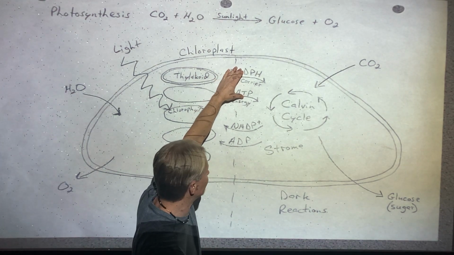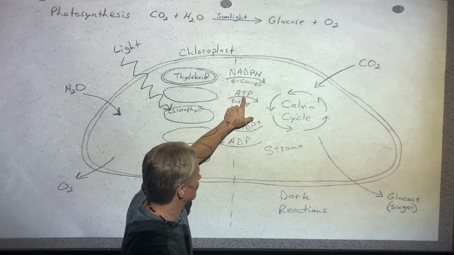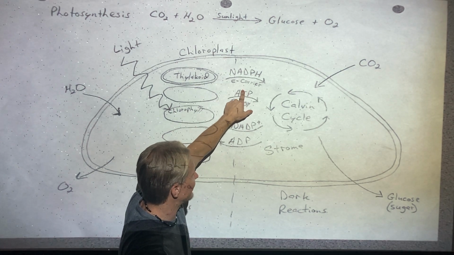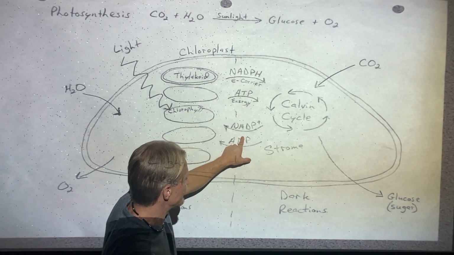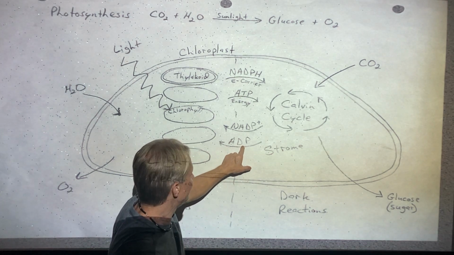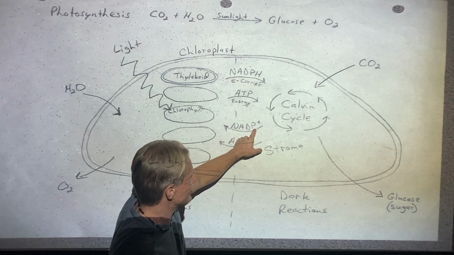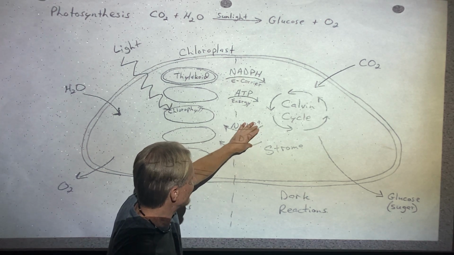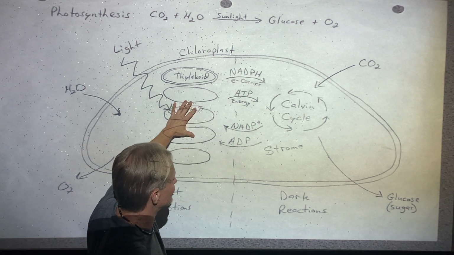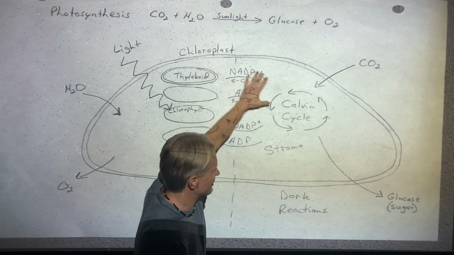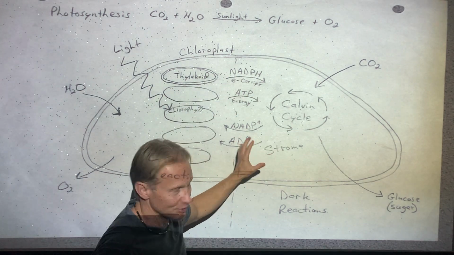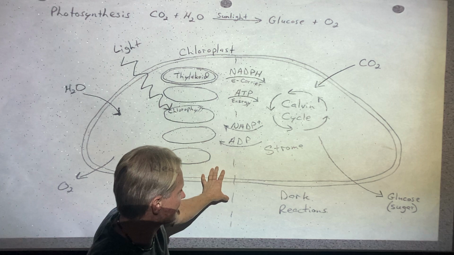In their depleted forms, ATP, three phosphates, becomes ADP, two phosphates. Okay? NADPH becomes NADP+. So then these guys go back over here to get recharged, and then they come back into the cycle again. Cool. It's not too complex when we look at it like this.